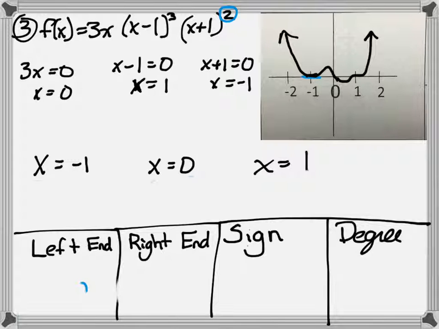So for the next one, we had 3 parts this time. That means it's crossing at 3 different spots or touching at three different spots. And at 3x equals 0, we got 0. X minus 1, we got 1. X plus 1, we got -1. So at the -1, what was it, a bounce, wiggle, or cross? Bounce, because it touched and came back.